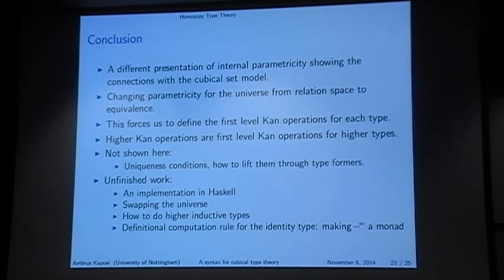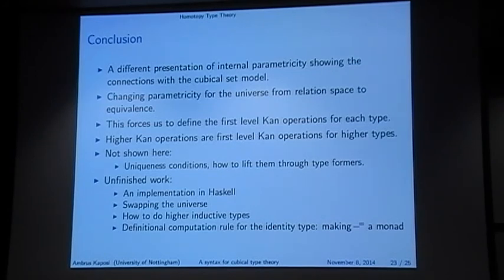In this talk, Thorsten and I showed a different presentation of internal parametricity with this explicit substitution calculus, and what its connection is with the cubical set model. The basic step, the combination of the cubical set model and the internal parametricity work, was to replace the definition of the universe from relation space to equivalence.